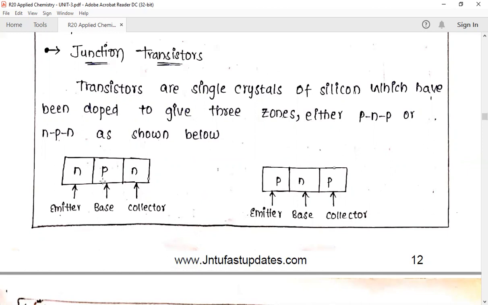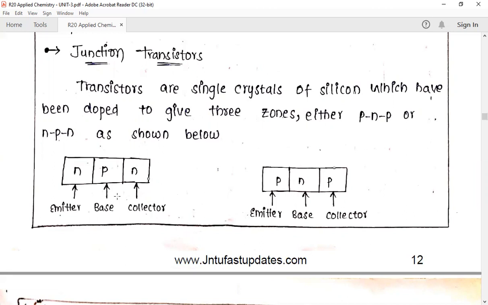The three terminals of a bipolar junction transistor are the base, emitter, and collector. A signal of small amplitude, if applied to the base, is available in the amplified form at the collector of the transistor.